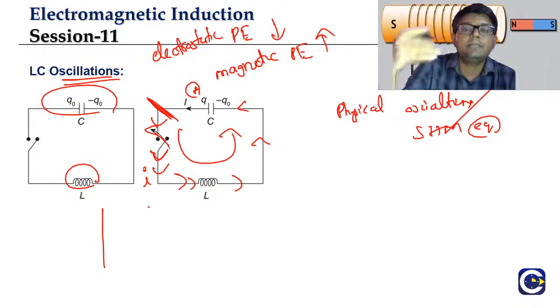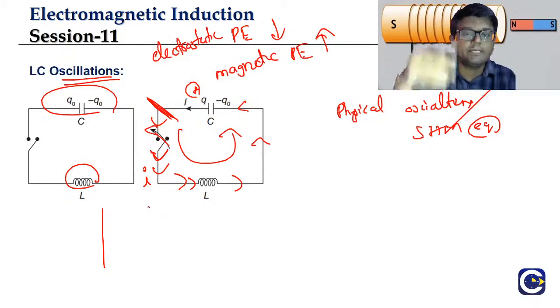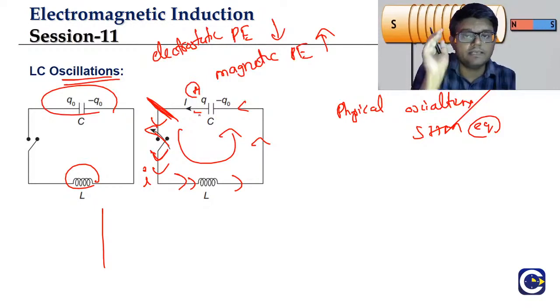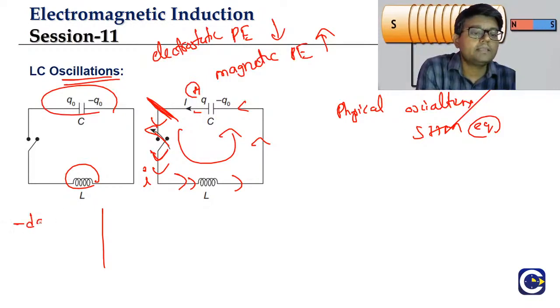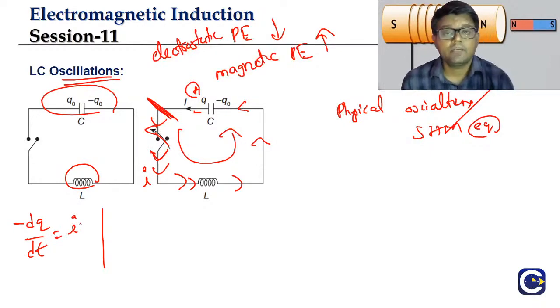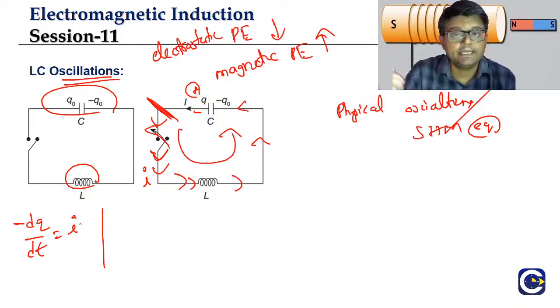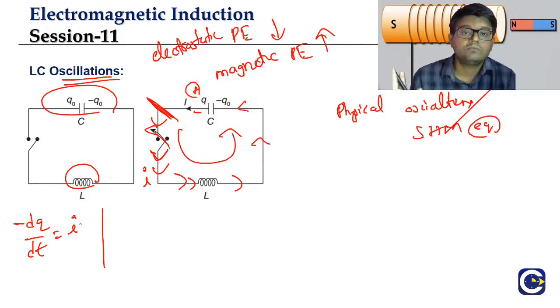The capacitor plate charge will be decreasing, the way we are taking it, because the current is coming from the positive plate. So minus dq by dt at any point of time will be equal to the current value.